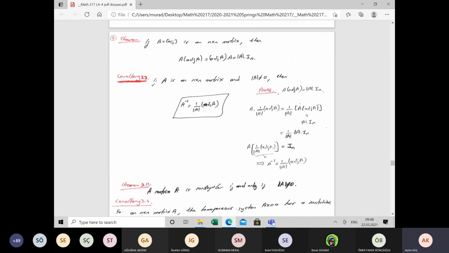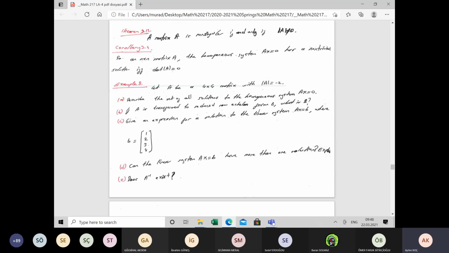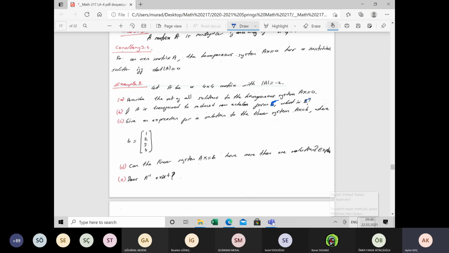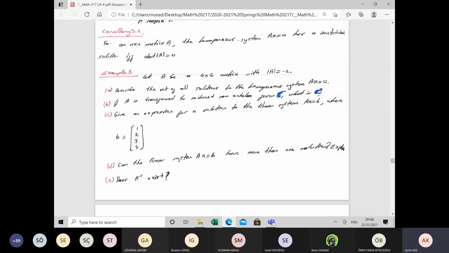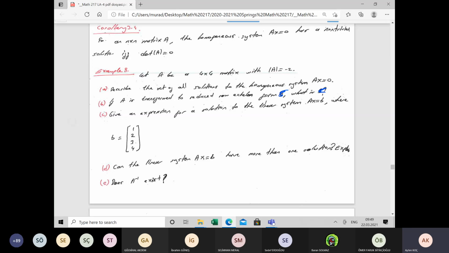Yes. This one is C, matrix C. What's the C? This one is B. This one is B. Yes.